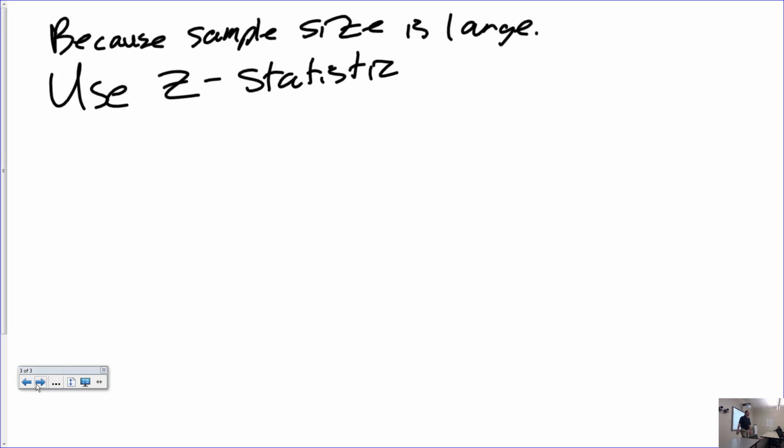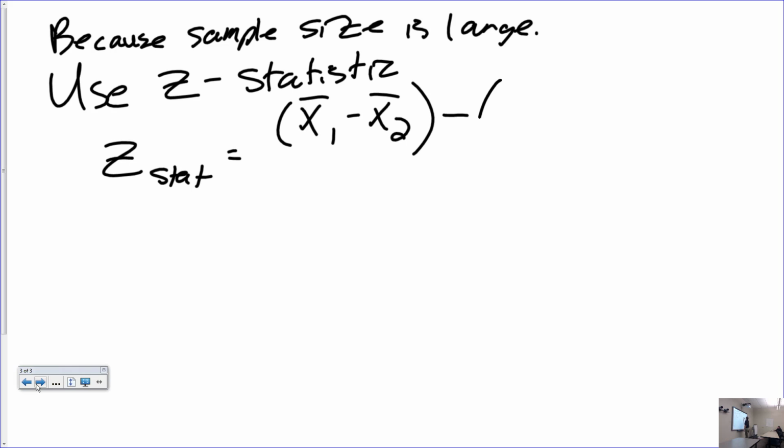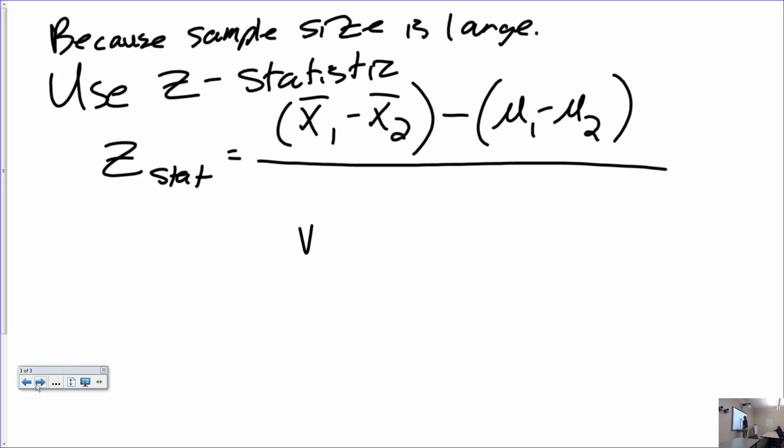When the sample size is small, we always have to use T. When the sample size is large, we always get to use Z. And again, this should look very similar.